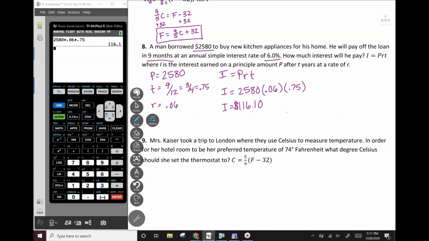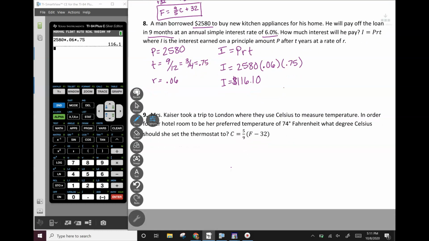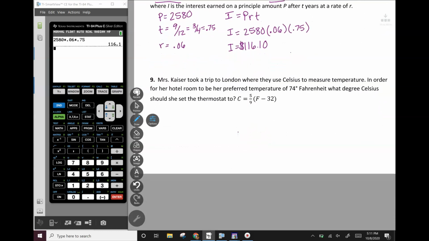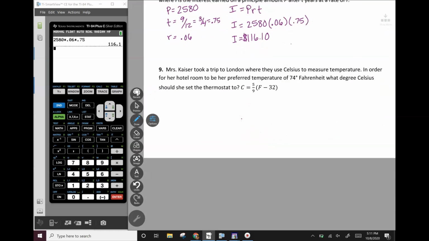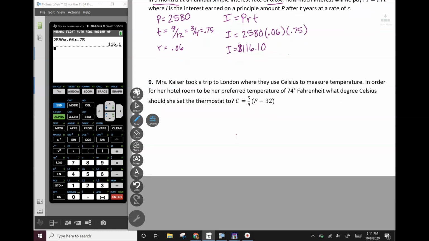So just to borrow that money for the new kitchen appliances, he's going to end up paying an extra $116 just in interest. So you got to think about stuff like that before you start borrowing money. How much am I going to have to pay in interest, and is it worth it?